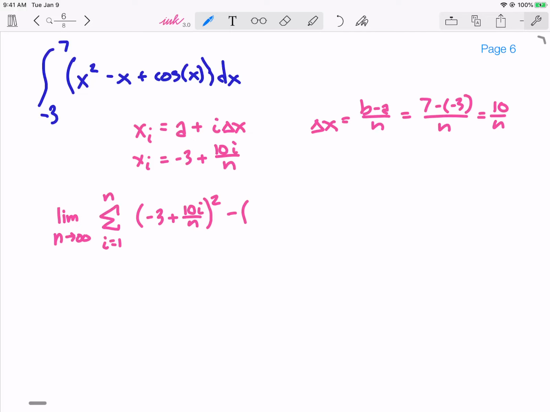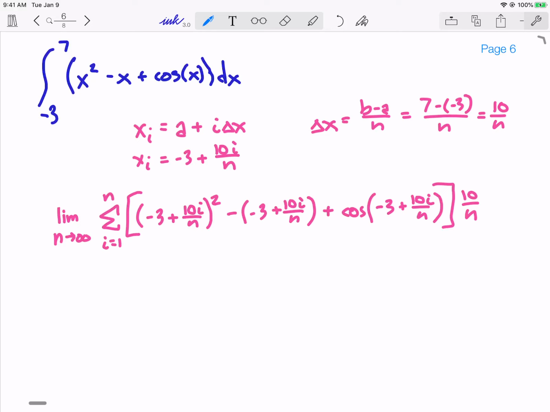I replace x with -3 plus 10i over n, plus the cosine of x. I replace x with x sub i, which is -3 plus 10i over n. All of that is being summed. That ultimately gives me my height, and I multiply that by the width.